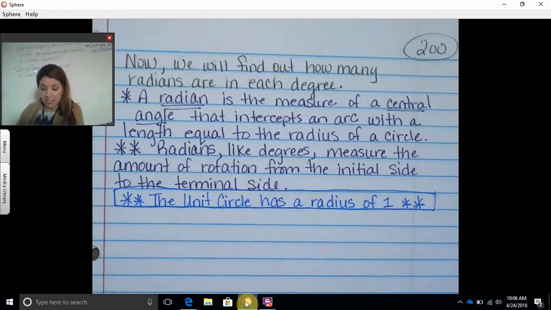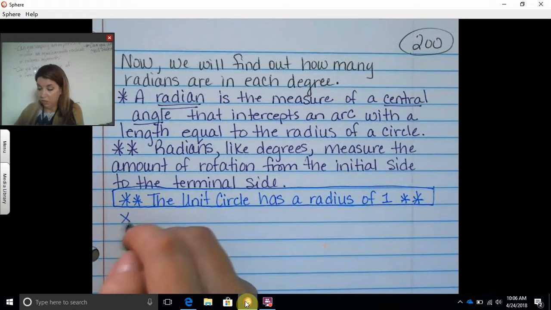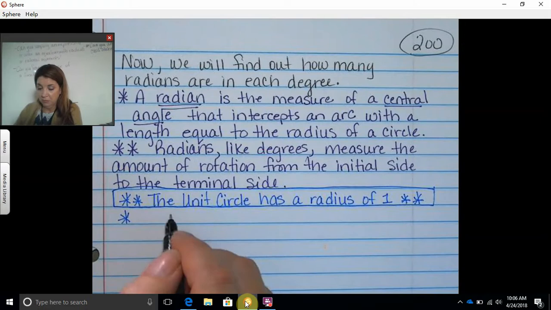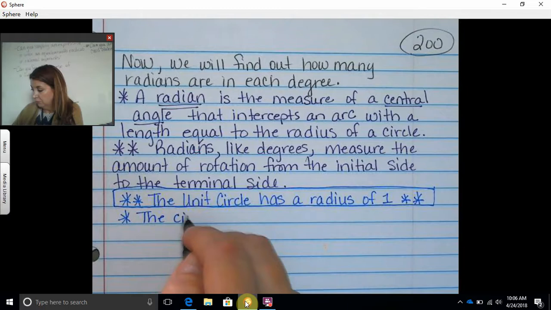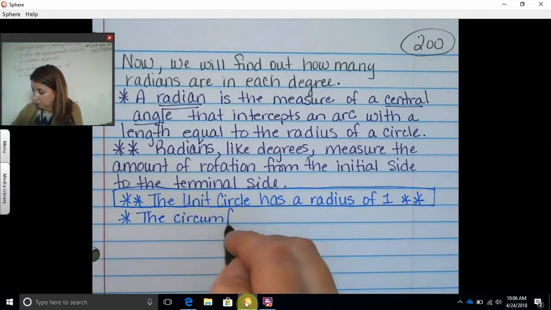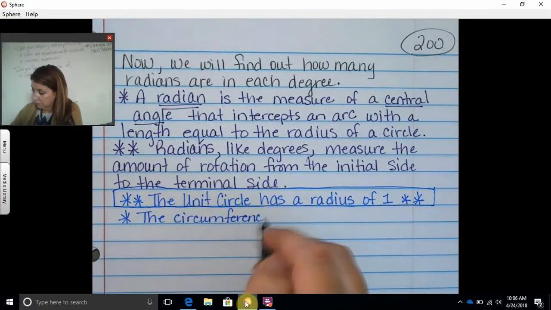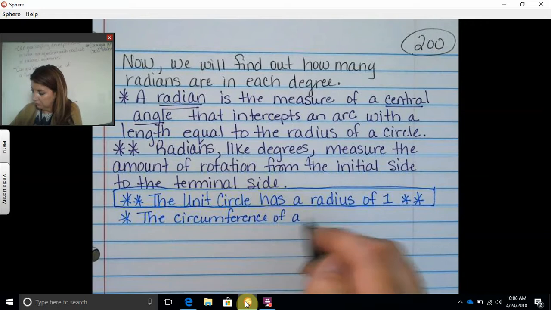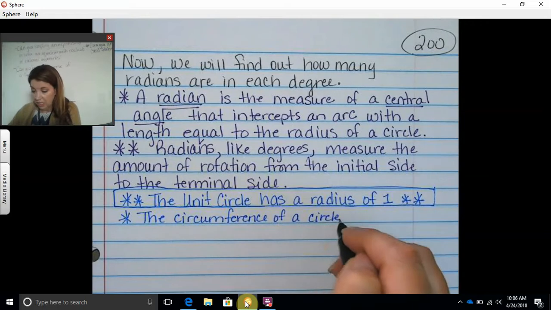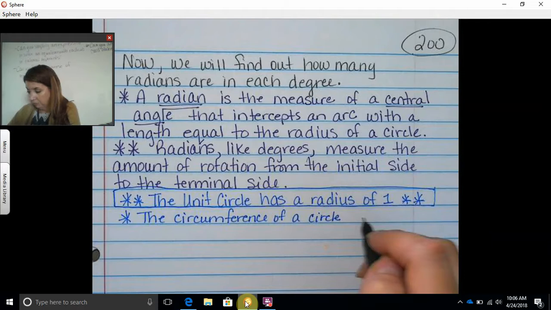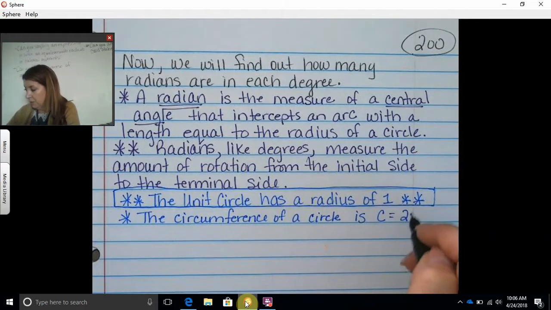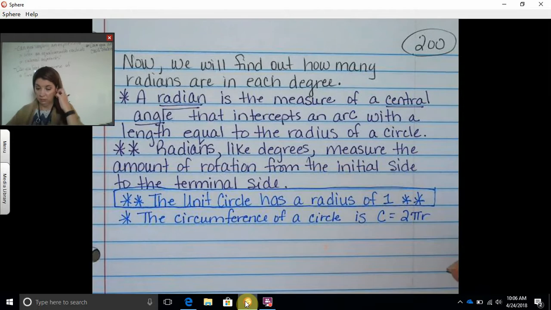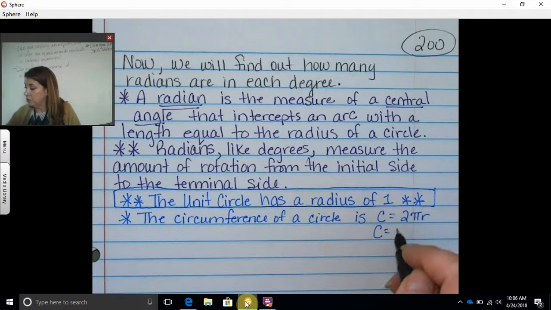And another important thing to note, which we already know because you all had geometry and passed it, is that the circumference of a circle is C equals 2 times pi times r, which in a unit circle, we know the radius is 1.